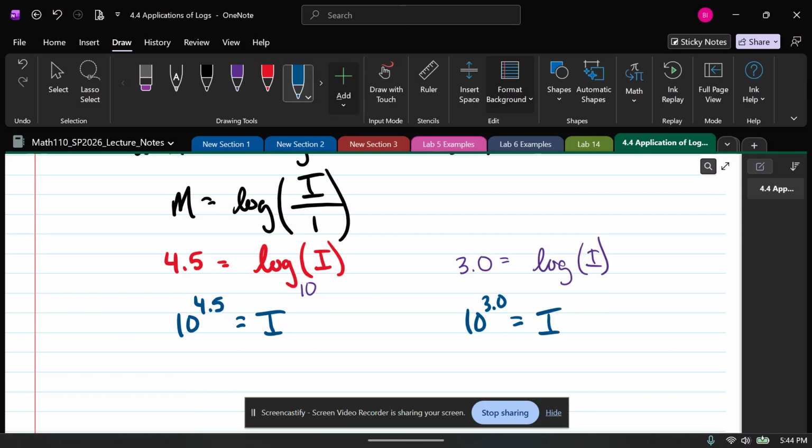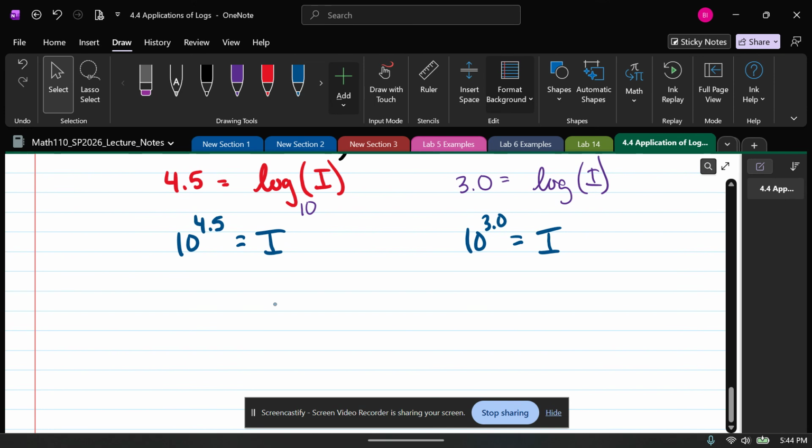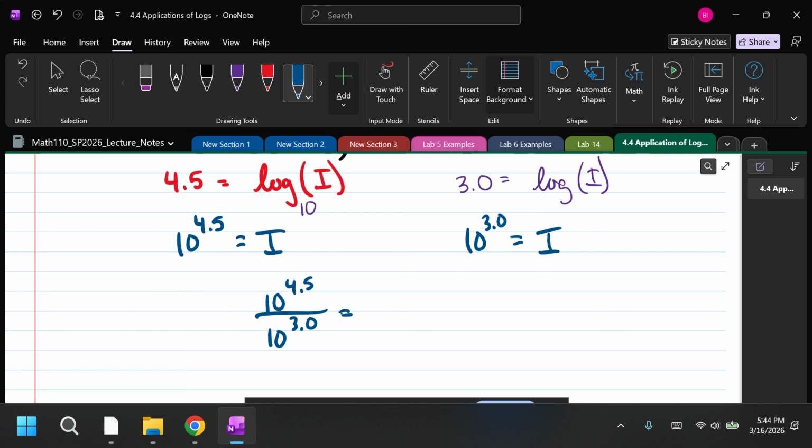Okay. Now it said how much more intense is the 4.5 than the 3.0. So I'm going to take those and divide them. 10 to the 4.5 over 10 to the 3.0. And this is where I would get my calculator out and get that answer in decimal form.